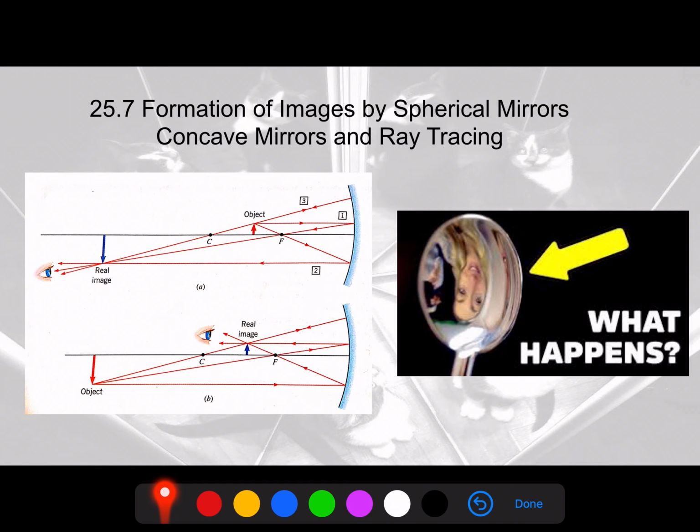And again, I could also think about a tangent line here at this point, a normal, and make this angle of incidence equal to that angle of reflection if I'm not exactly sure how that orientation should go.